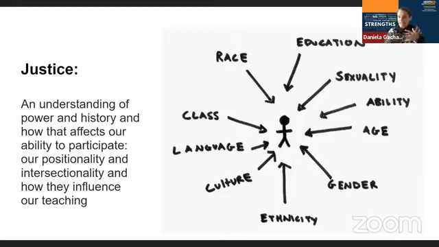So for us, when participation and justice intersect, what it means is that we are trying to design learning experiences that allow everyone to participate, and this means that people will need different things to be able to participate.